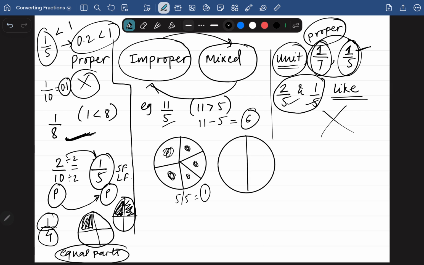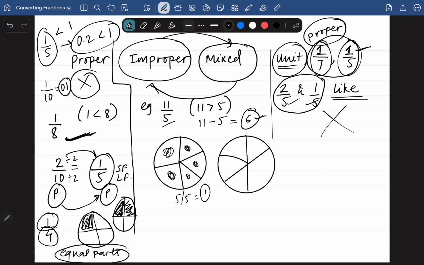So I need another pizza, and this pizza should also have 5 equal parts, because our fraction has stated that the pizza has been cut into 5 equal parts. Let's consider 1 2 3 4 5 as equal parts.